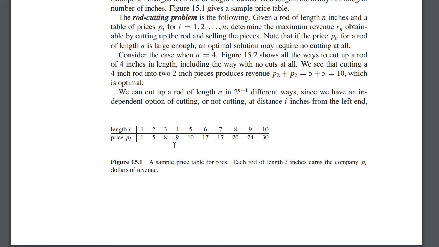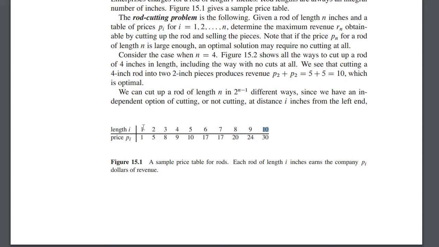For example, if we have a unit size length of rod, for example 1 unit, I have one option: I can sell that 1 unit as one whole, because I cannot make fractions of that one whole, and get the price of 1 unit. But if I have a length of 10 units, I can make different combinations.